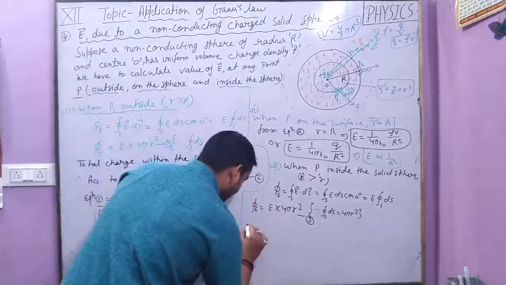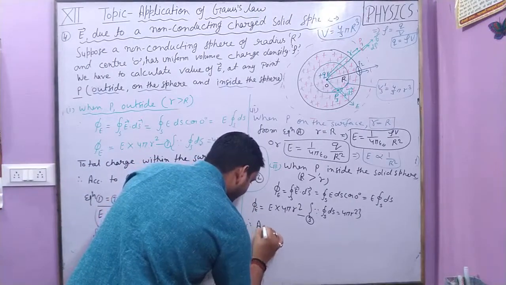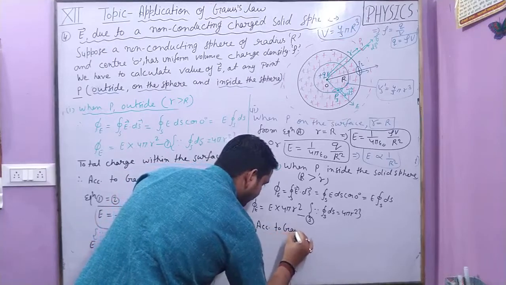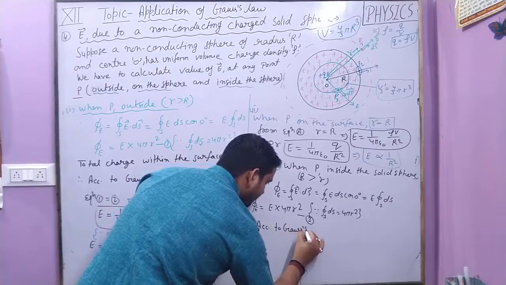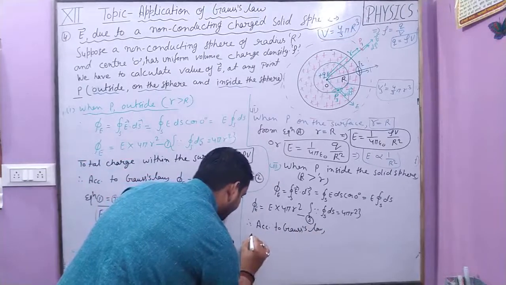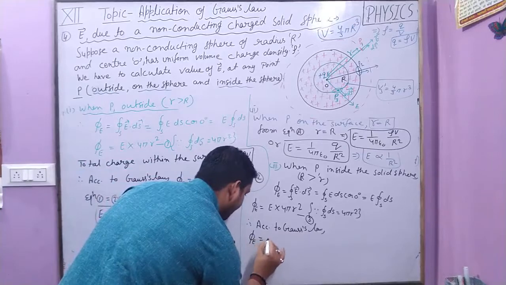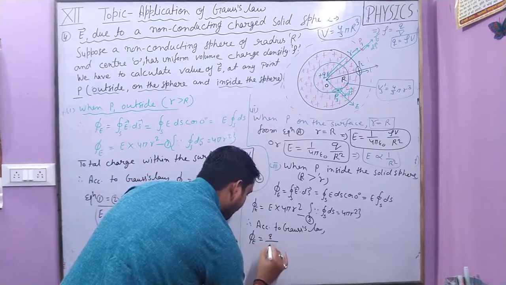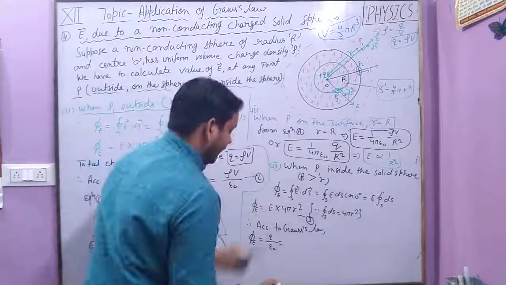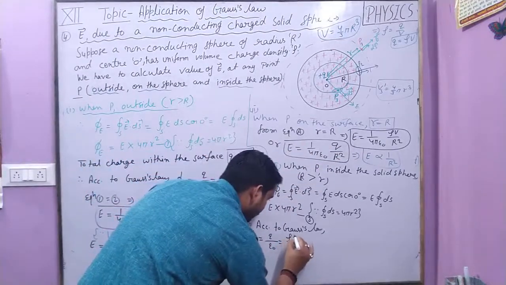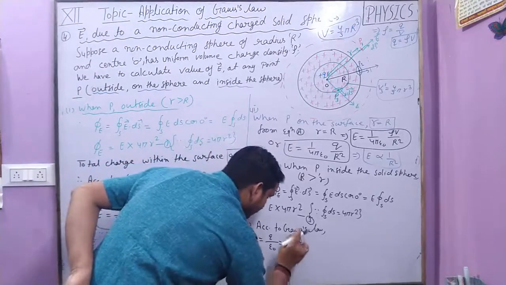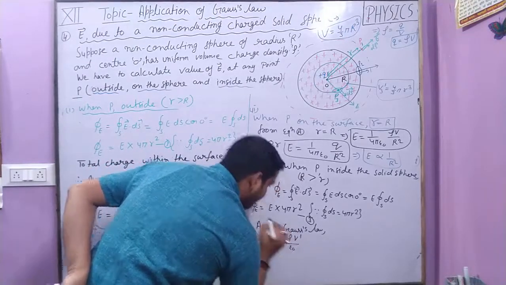Now according to Gauss's theorem, according to Gauss's law, the electric flux phi is equal to q upon epsilon naught, and here q we have rho v dash upon epsilon naught.